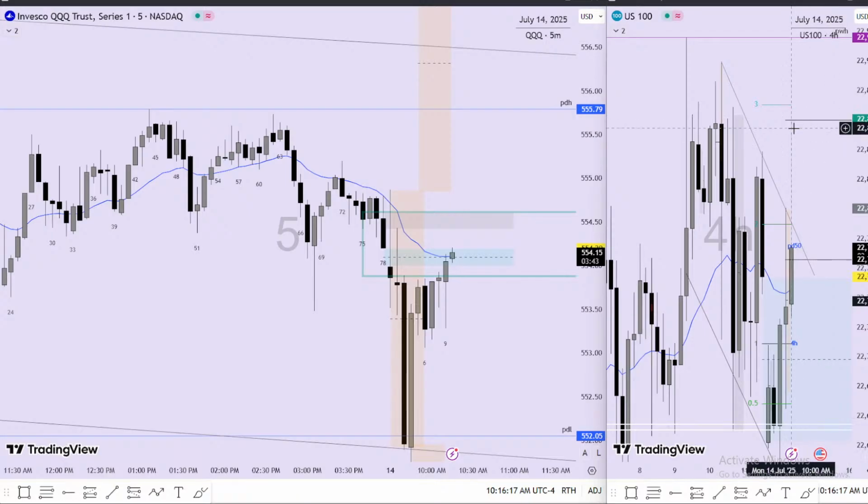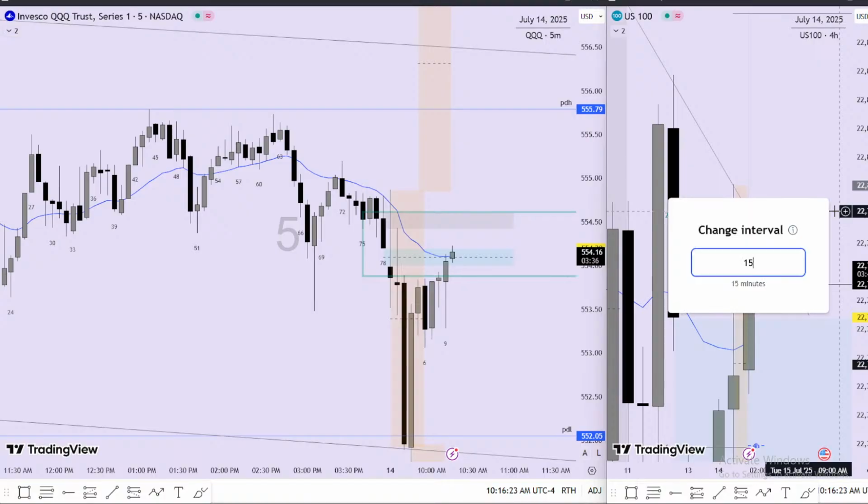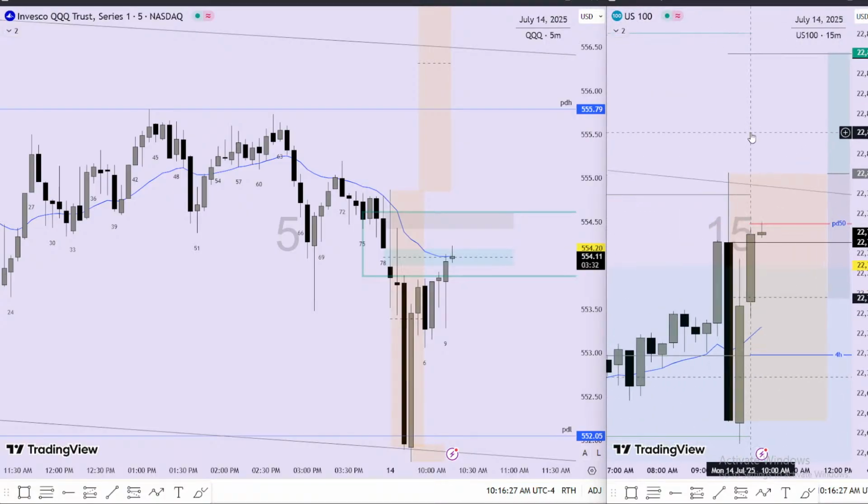So this price is good as a target. Let's see what happens. We have 14 minutes left till the first hour of the day is going to close.